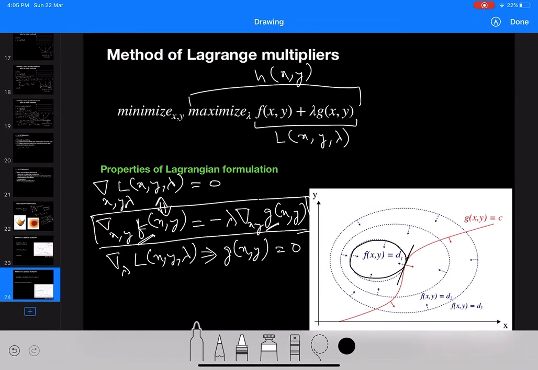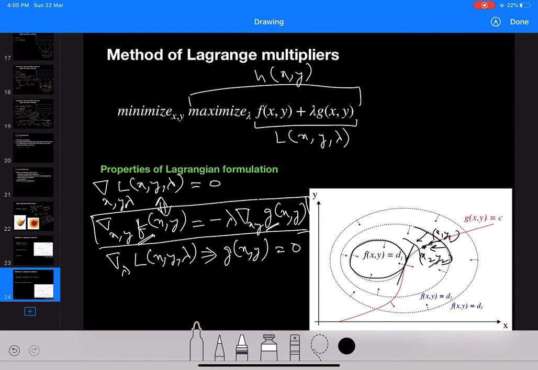And if you think about it, why is it so? Let's look at this curve. If you move in this direction, you can improve the function, so you can move from x1 y1 here to an x2 y2 here, and the same thing will keep happening.